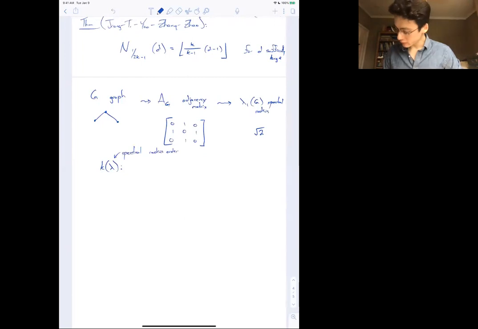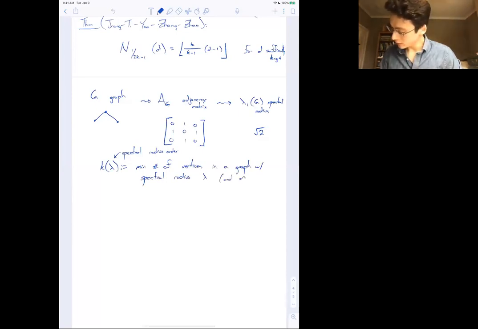So the spectral radius order is defined to be the minimum number of vertices in a graph with spectral radius lambda, and infinity if no such graph exists.